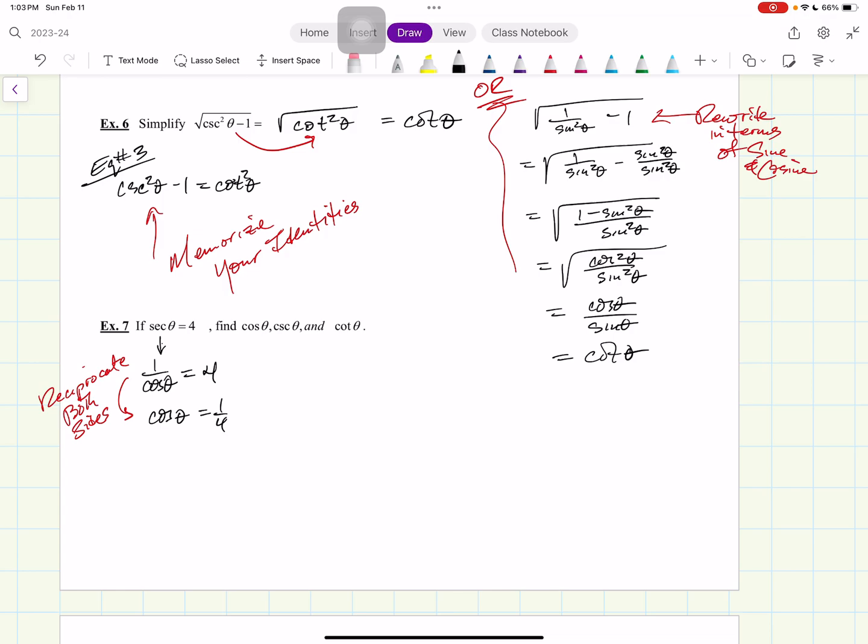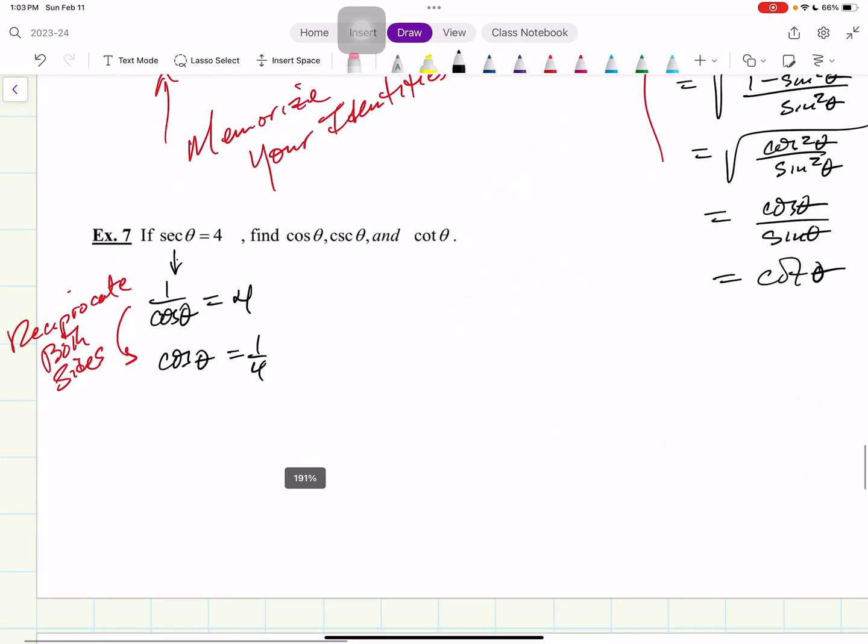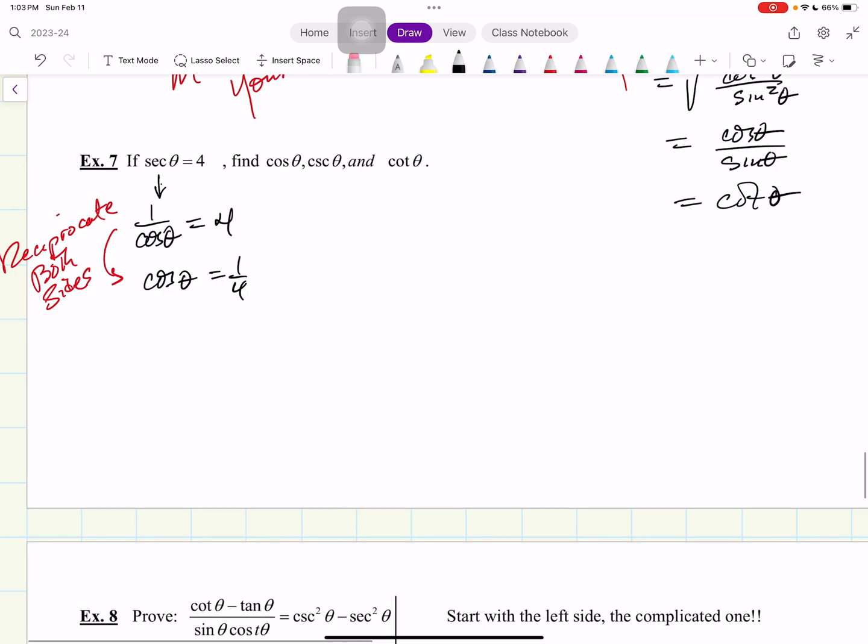So, cosecant theta. What's cosecant? Well, let's go back to the Pythagorean identities again. Let's brainstorm here. So, cosine squared theta is equal to 1 minus sine squared theta.